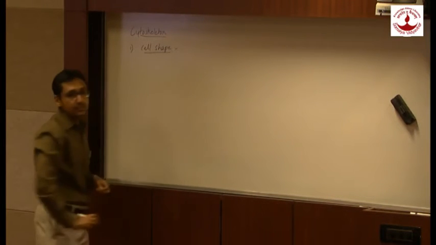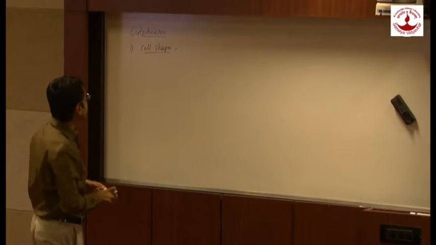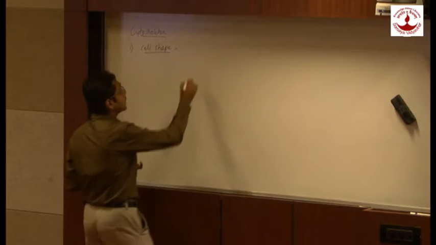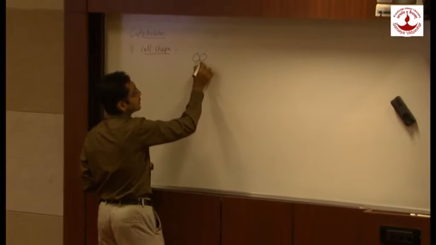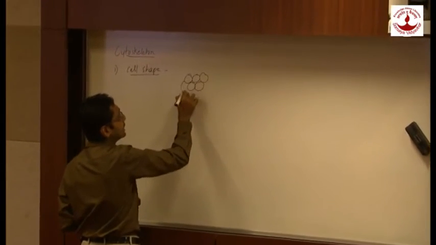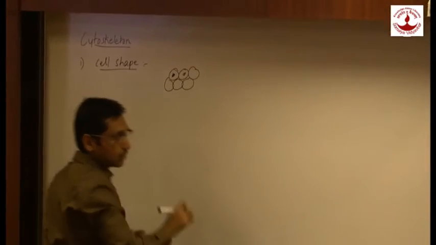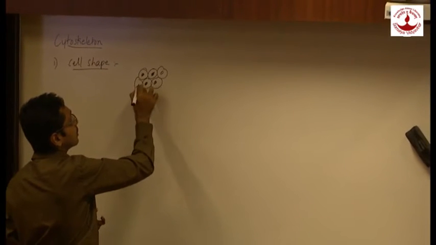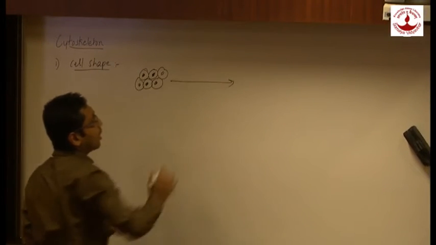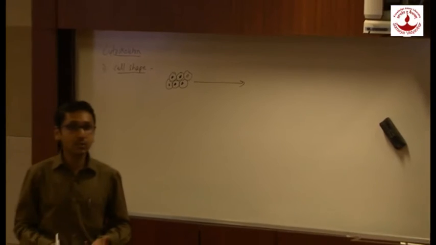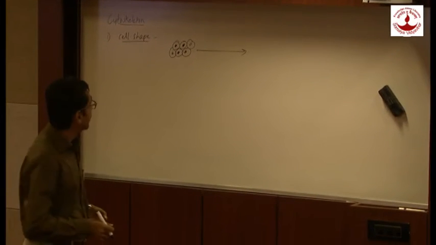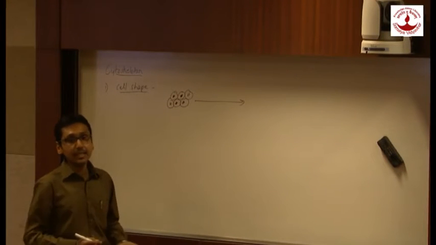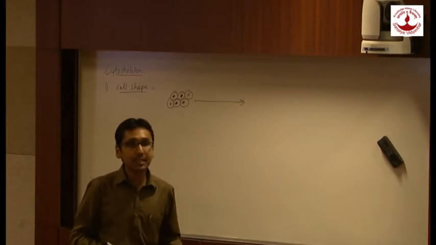To exemplify this further, we take a striking example of an embryonic stem cell. Embryonic stem cells in culture, they are spherical. When they differentiate into specific types, they undergo a process called EMT, that is Epithelial-Mesenchymal Transition.